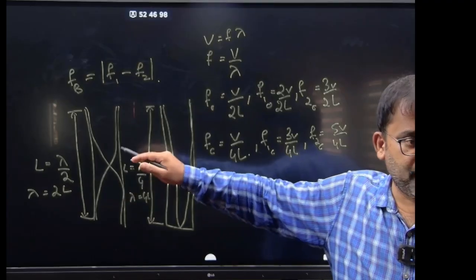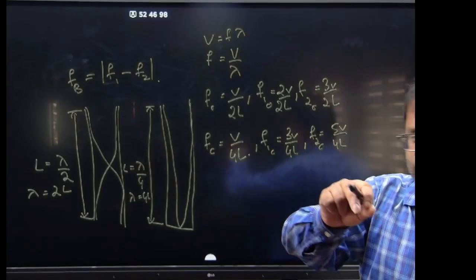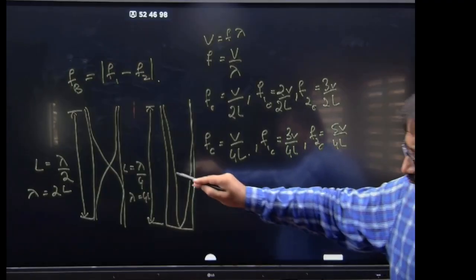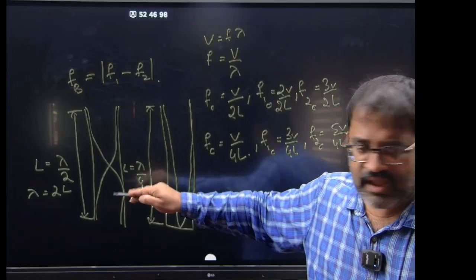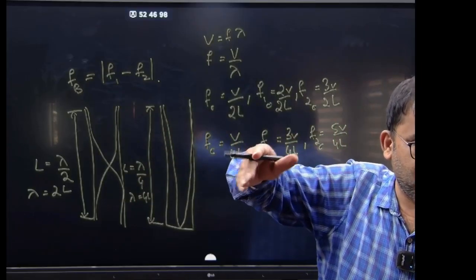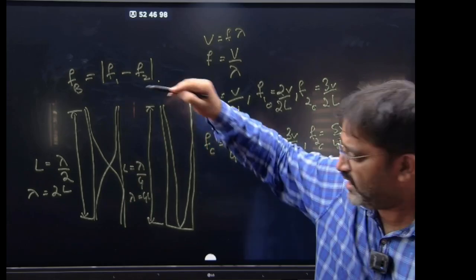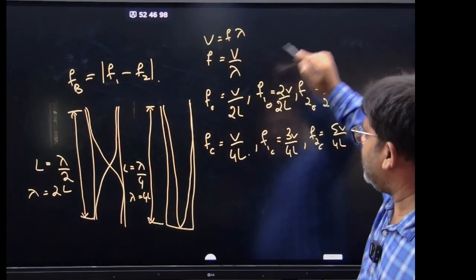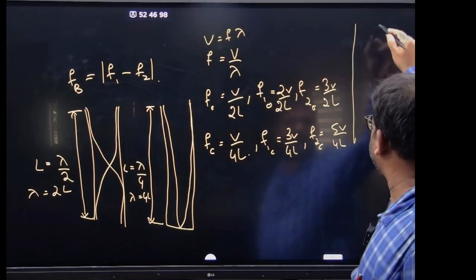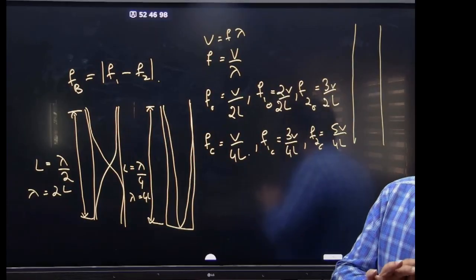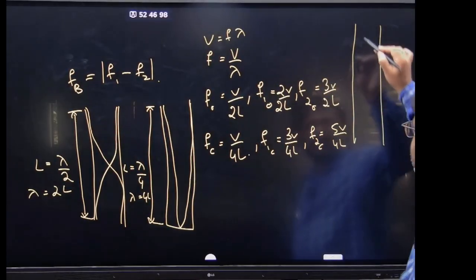this mode of vibration is called the fundamental frequency. Why do we call it the fundamental frequency? Because if we go for the higher modes of vibration, every vibration will contain this frequency in it. So for example, if I go for the second mode of vibration in this particular open pipe, then the second mode of vibration will be like this.